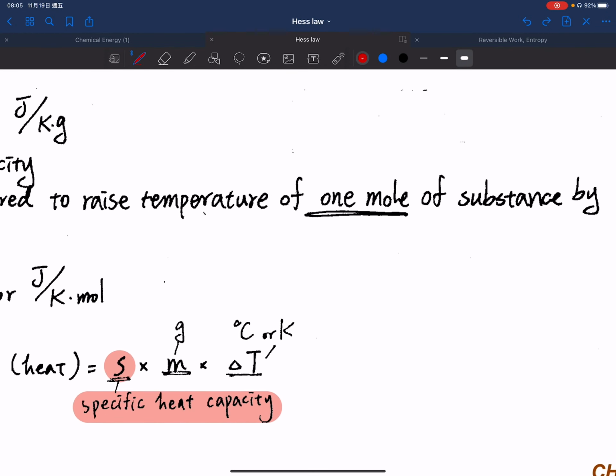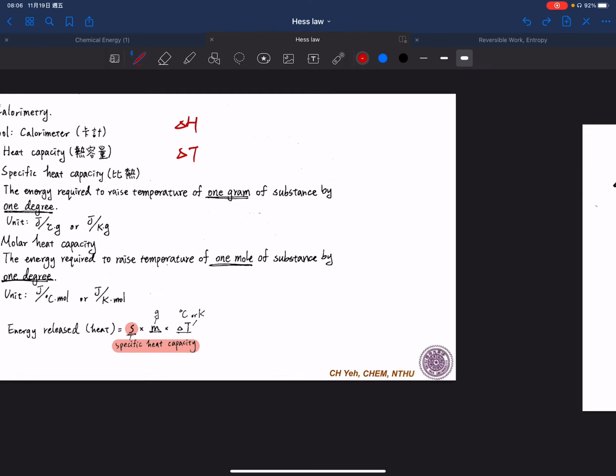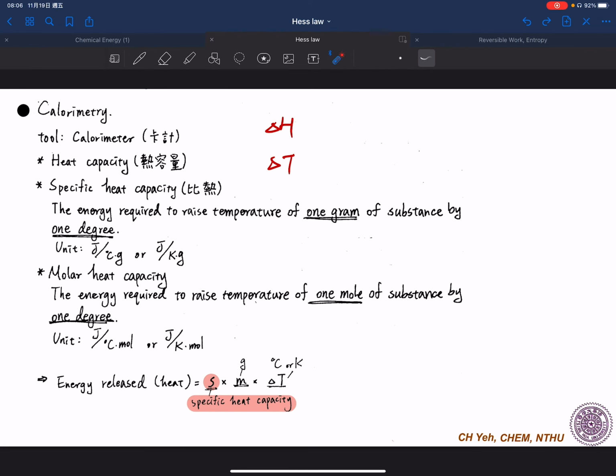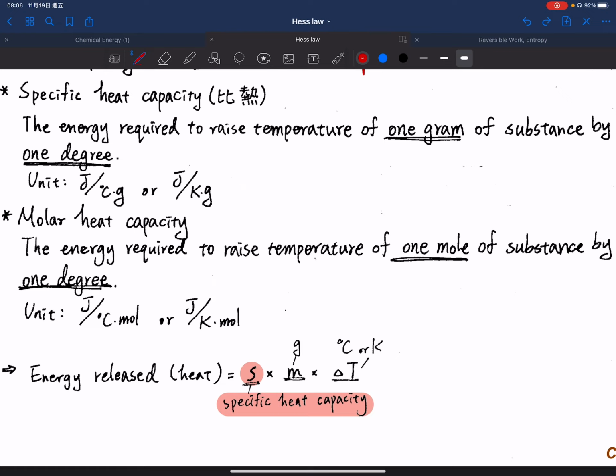The energy change equals the specific heat capacity multiplied by the mass and multiplied by the temperature change. Or, in a case more familiar from our experience, we use the molar heat capacity, which means we calculate the energy change from n moles of substance in your system and a change in temperature.